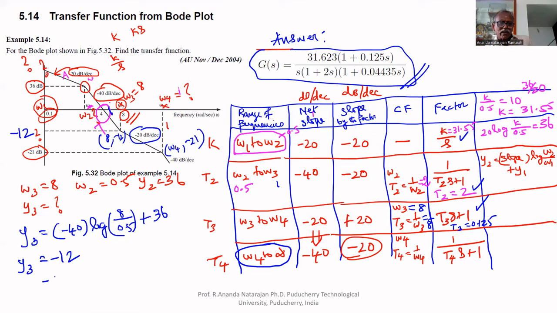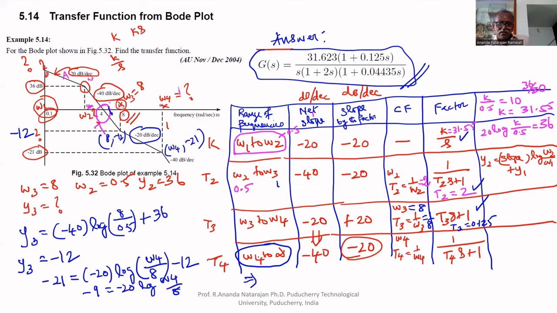Therefore, minus 21 equal to slope minus 20 log omega 4 (not known) by omega 3, which is 8, plus the magnitude minus 12. So minus 21 minus 12 equal to minus 9. So minus 9 equal to minus 20 log omega 4 by 8.